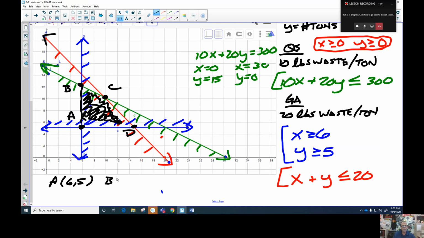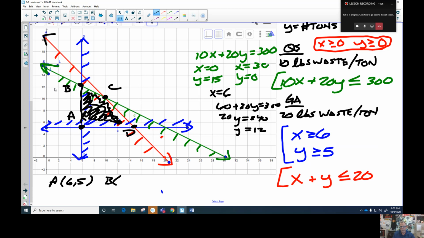We know B is the point 6 and where it intersects this line. So if I plug x equals 6 into this line, that would mean 60 plus 20y equals 300. So that means 20y equals 240, and y equals 12.